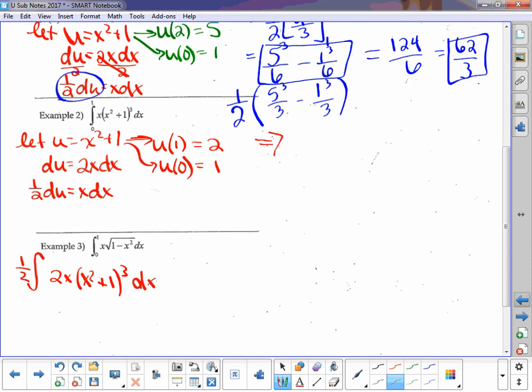So I'm going to take all that and assemble it into a nice integral. So we have the integral. My bounds are going to be 1 to 2. And x dx was 1/2 du. I'm going to stick my 1/2 out in front. du. And then I just have u cubed. And that's my substituted integral.